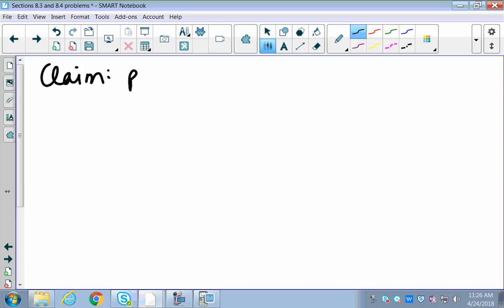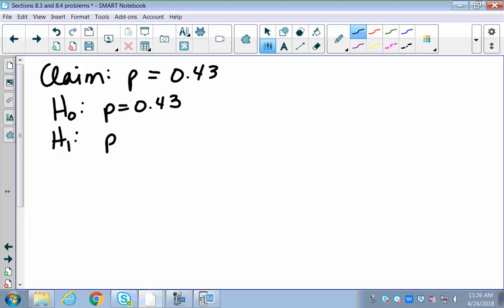So my claim is P is equal to 0.43. Okay. My null hypothesis can only be equal, correct? My alternative is that P is not equal to 0.43. So in this case, I don't have a one-tailed test. I have a two-tailed test.